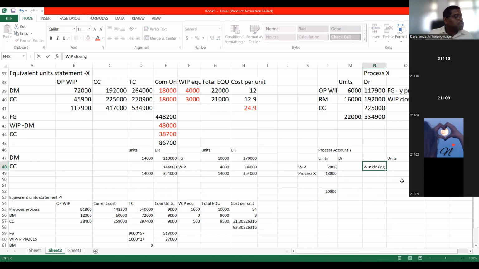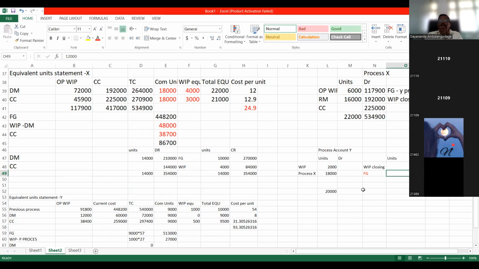WIP closing given in the question is 8,000 units. Then the balance, of course, would be the finished goods. FG, how much? 20,000 and 12,000. Is it clear? This 12,000 is not given in the question, but we calculated it based on the debit credit principle and the balancing principle.